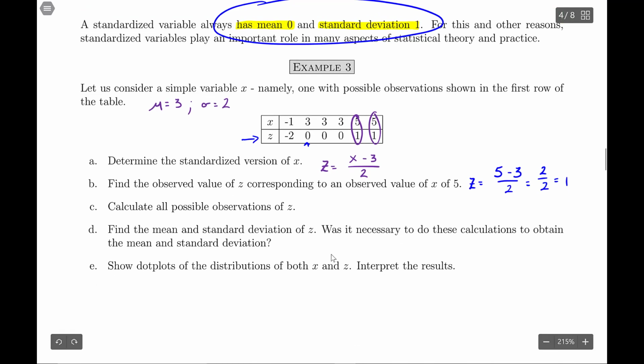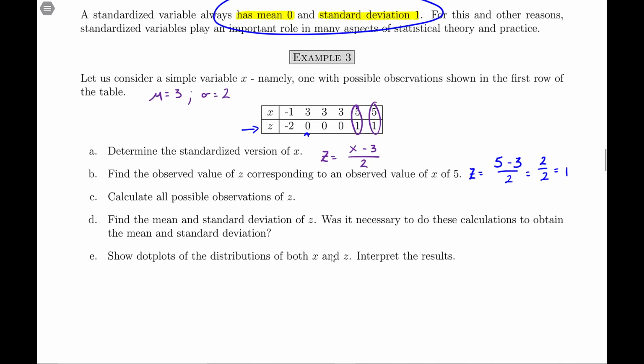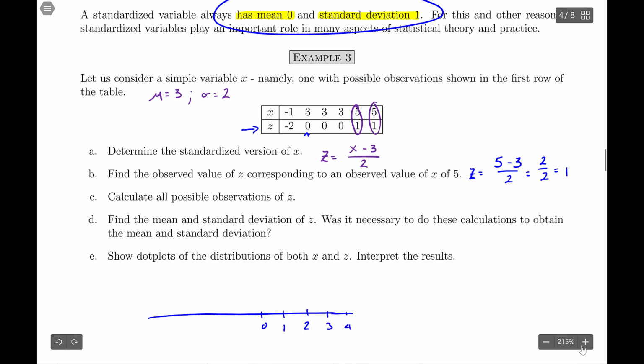For part E, it says show dot plots of the distributions of both X and Z, and then interpret the results. I'm just going to draw a really quick dot plot here. I'm not going to go through the steps because you all are very familiar with, I hope by now, how to do this. Let's see, observations go up to 5, -1, -2. Uh-oh, my pen stopped working.